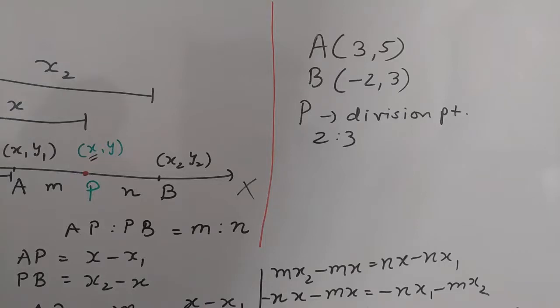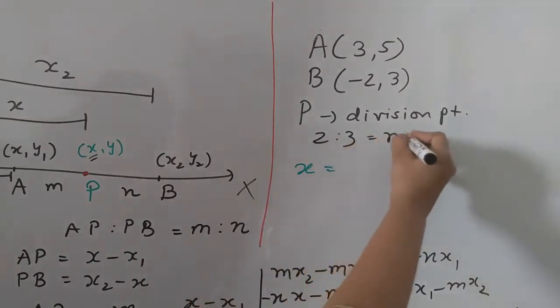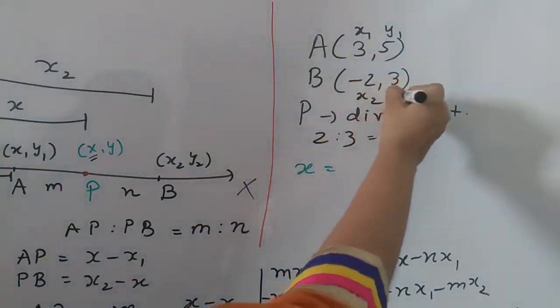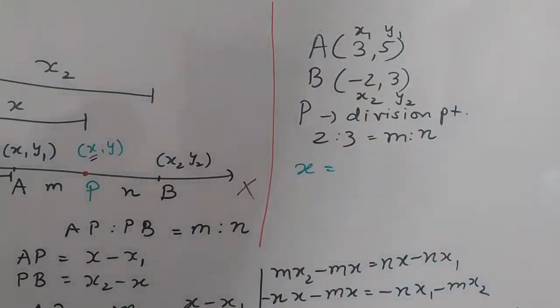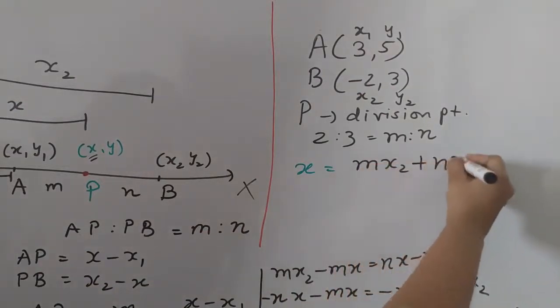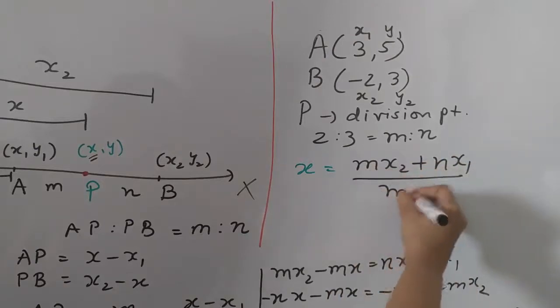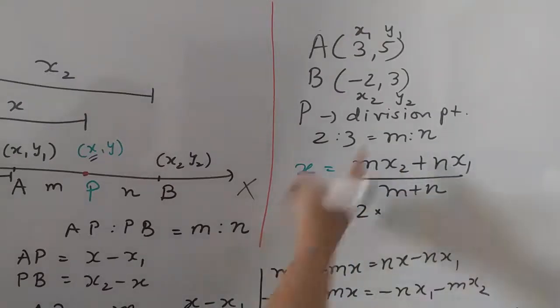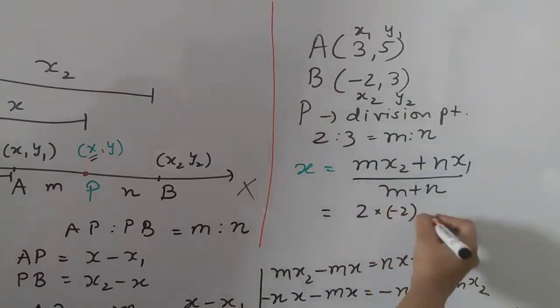Point P means let the coordinates be (x, y). First of all I find only the x coordinate of it, using the formula. Here 2:3 means m to n. This is x1, y1 and this is x2, y2. So I will explain how I find the x coordinate. The formula is mx2 plus nx1 upon m plus n. m is 2, so I place 2. x2 is -2, so placing -2.